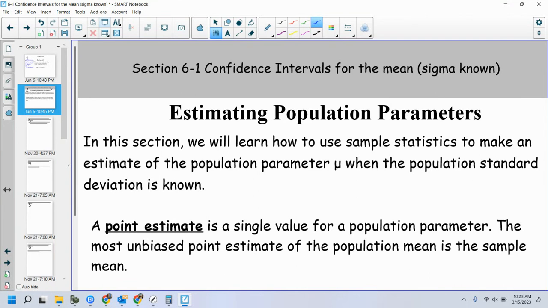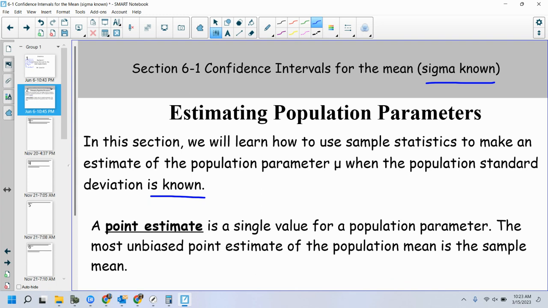But section 6.2 tomorrow is basically the opposite of that. If we don't know the population standard deviation, then what do we do? Which is a little bit more logical of a case. If you're trying to estimate the population mean, you probably don't know the population standard deviation either. But let's say for today that we do know it. Let's say that our sigma is actually known.